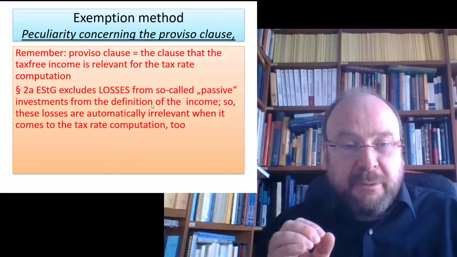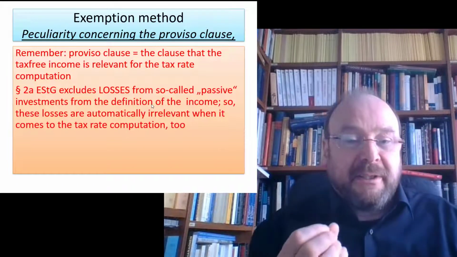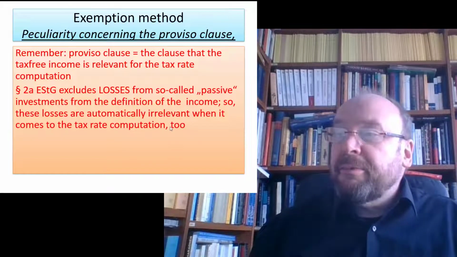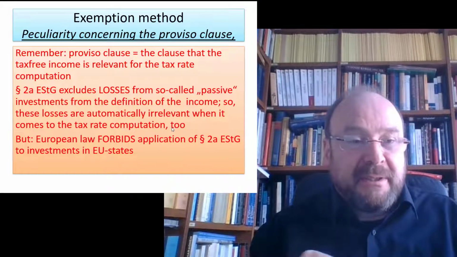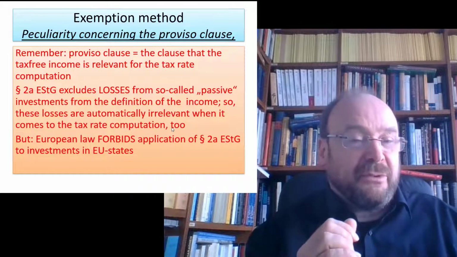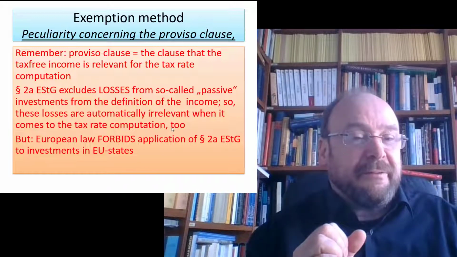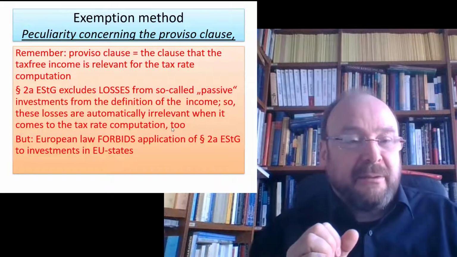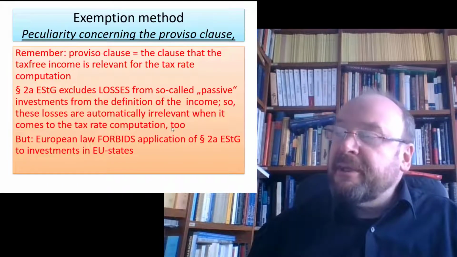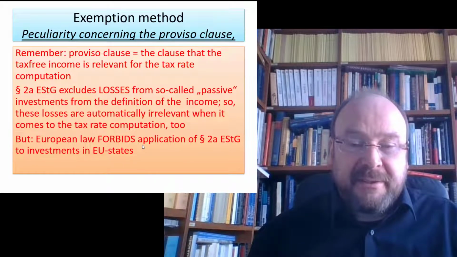They are not part of the worldwide income, and so they cannot come into play for the calculation of the tax rate. We have already seen that. Now, European law says with investment in other European states, you cannot do something like 2a. You cannot treat foreign investment in an unfair manner, in a worse way than you do it within Germany. So, European law says 2a cannot be practiced with losses from the EU.